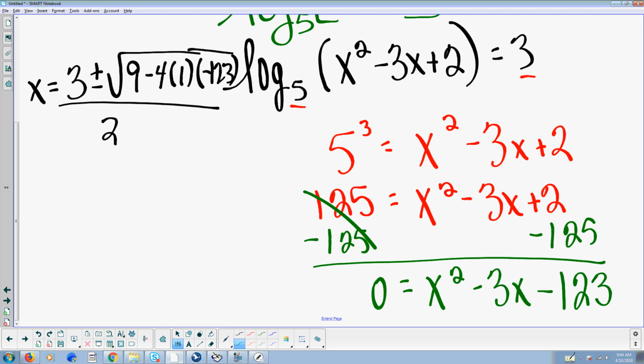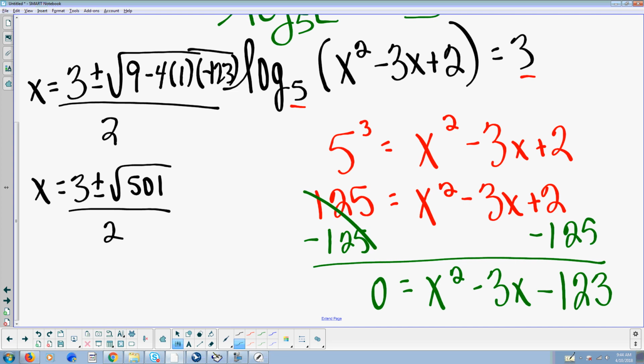So I'm going to evaluate the radicand here, which is the discriminant. 9 minus 4 times 1 times negative 123. 501. 3 plus or minus radical 501 over 2.